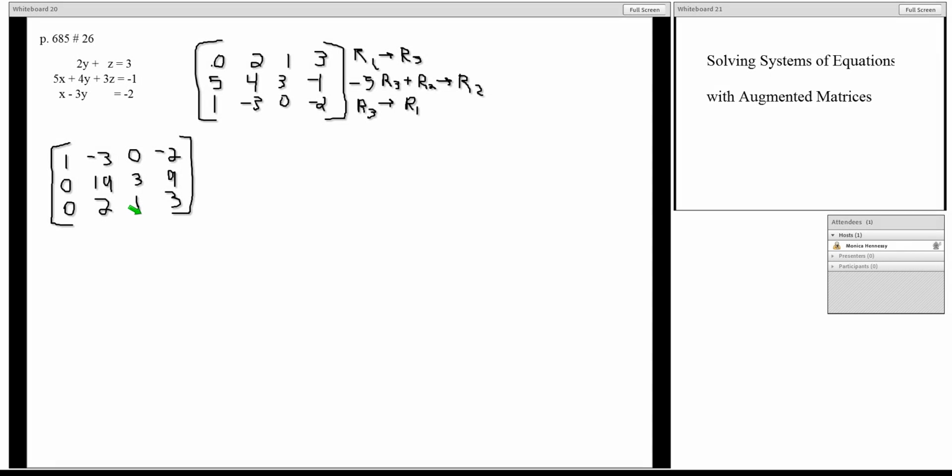Negative 5 times negative 2 is 10. Minus 1 is 9. Okay, and then I'm going to put this row in row 3. Alright, making progress.